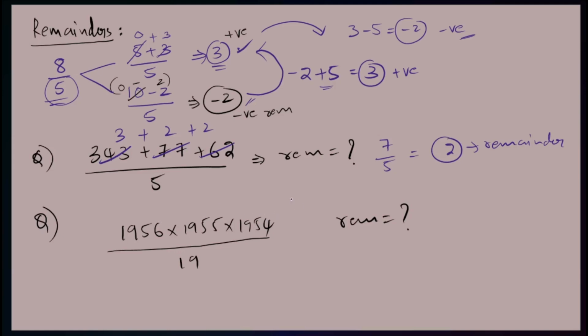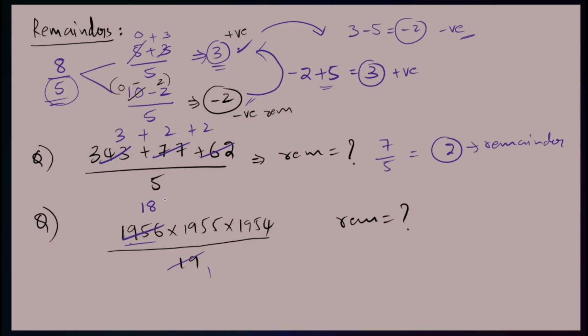You get a very big 7-8 digit number and then divide by 19. So I'll just divide one number at a time. 1956: 19 ones are 19, 19 threes are 57, 19 twos are 38, 38 and 56 gives remainder 18. So 1956 by 19, your remainder is 18.